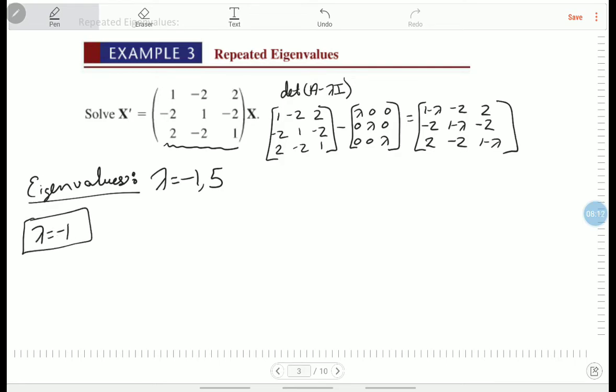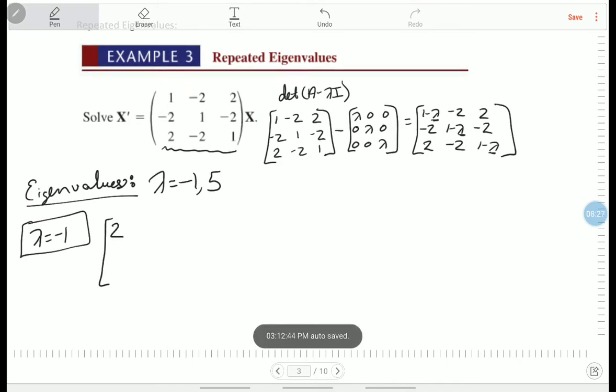If we plug in -1, and remember it goes in for the lambda in the A minus lambda I matrix. So if we plug in -1 for these lambdas, 1 minus -1 is a 2.